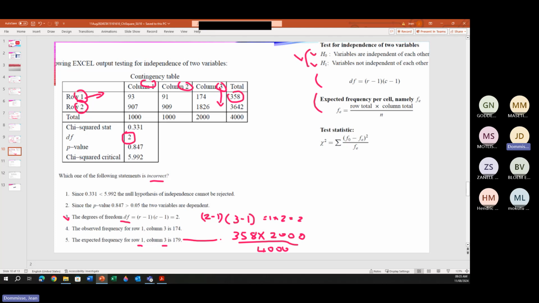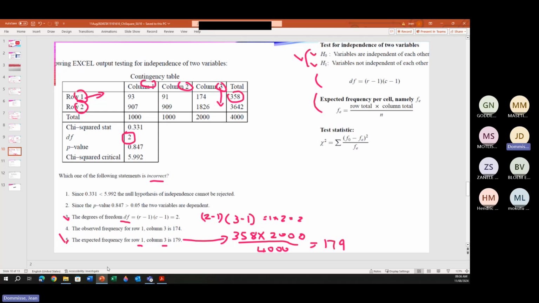And so that is now for this expected value. So let's just make sure. Expected value 358 times 2000 divided by 4000. The expected value is 179.